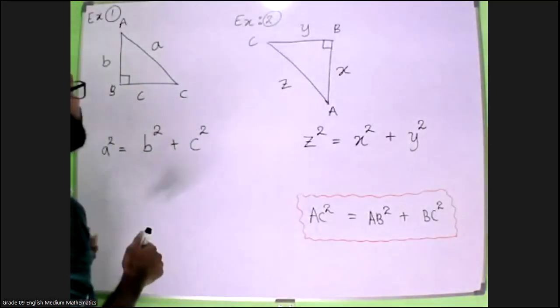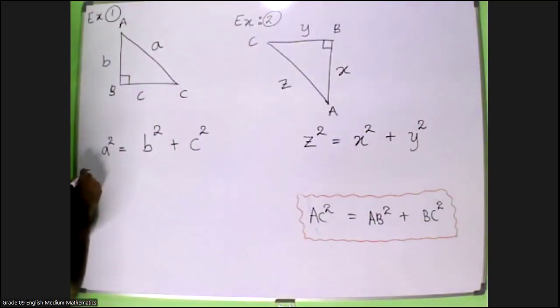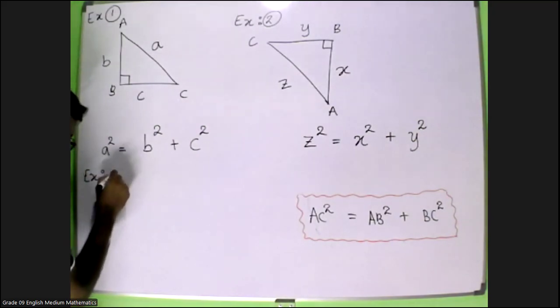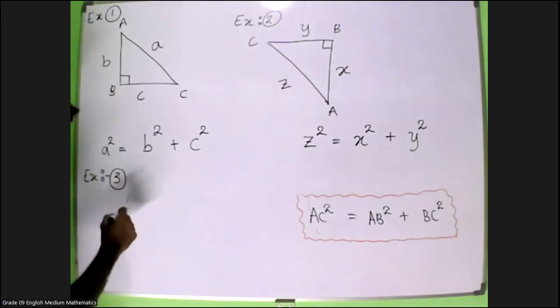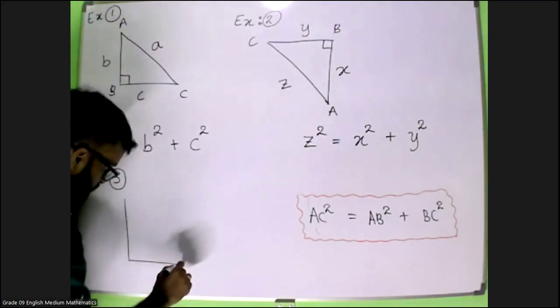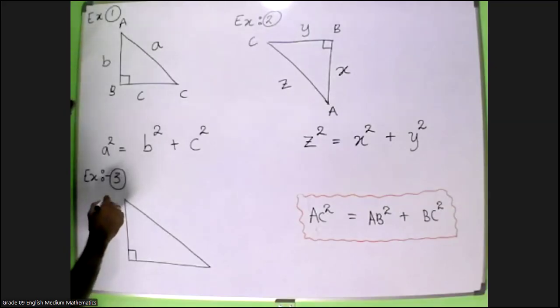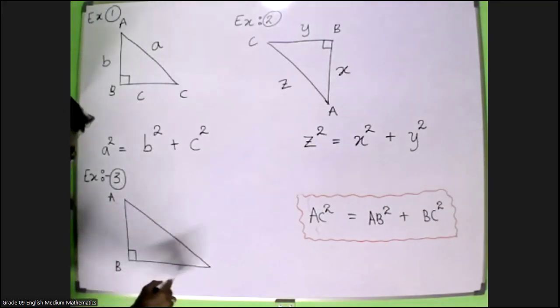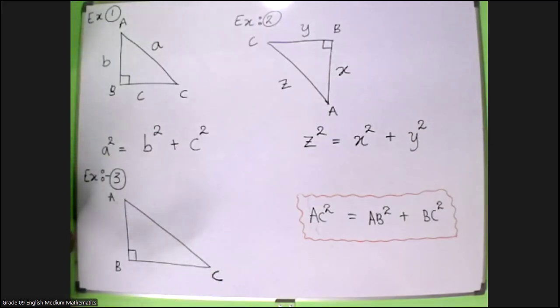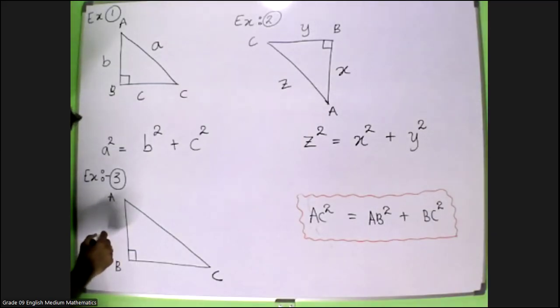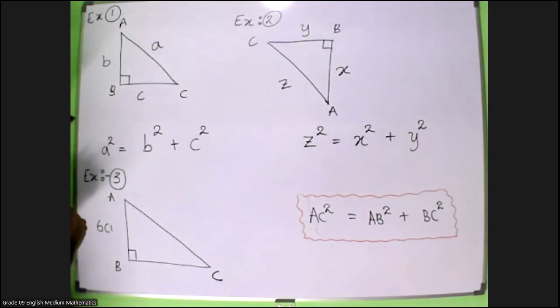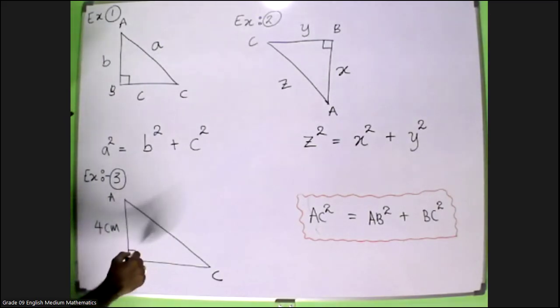Now I will take another example. Example number 3. A, B, C. This side is 4 centimeters.